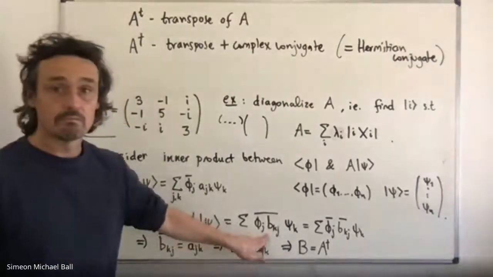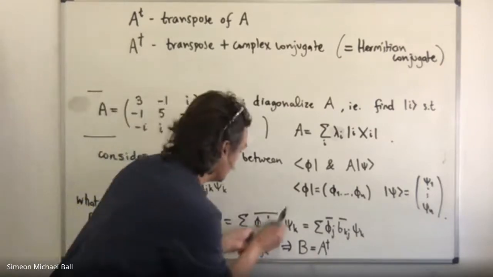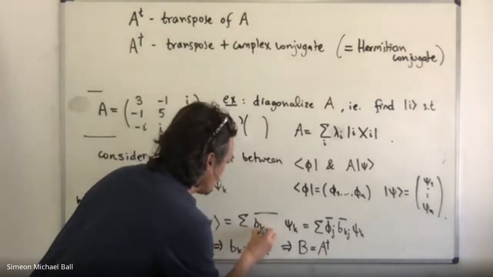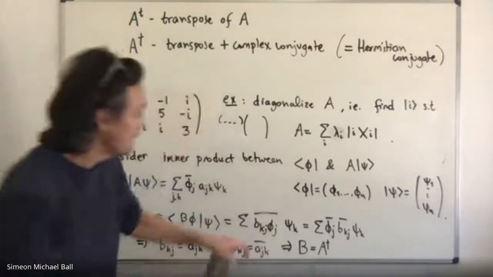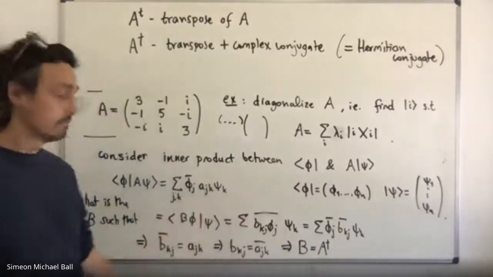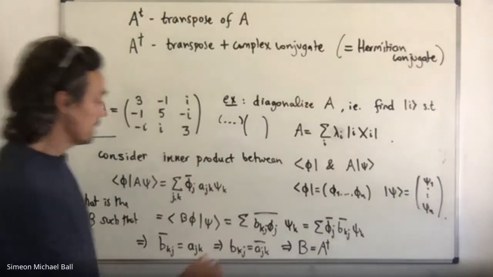So I think he's right, because this is then the definition. Let me write this the other way around, it's the same thing. BKJ phi j, you see as the matrix times the column vector, and then a complex quantity.